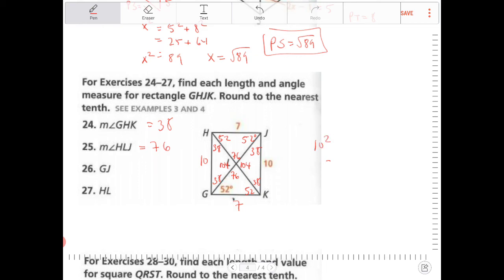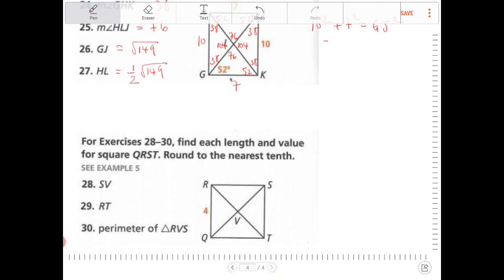So it's 10 squared plus 7 squared is equal to GJ squared. So that's 149, or the square root of 149. And what is HL? HL, therefore, will be half of that, because diagonals in a rectangle are congruent, and diagonals bisect one another.